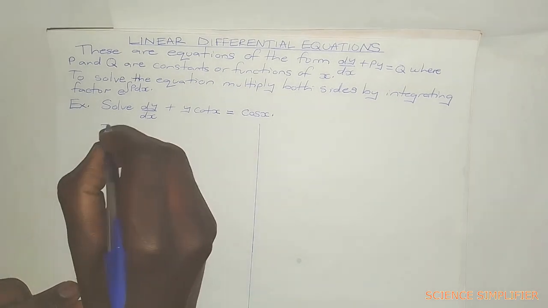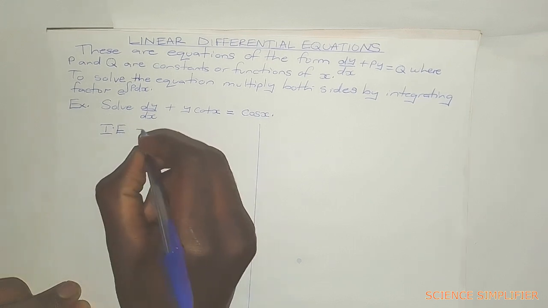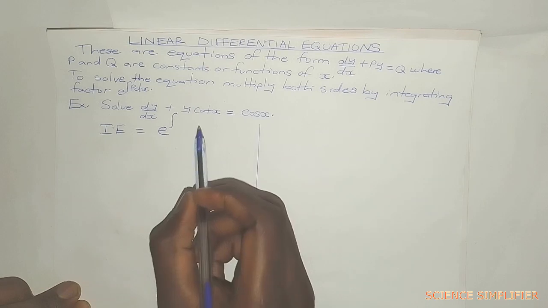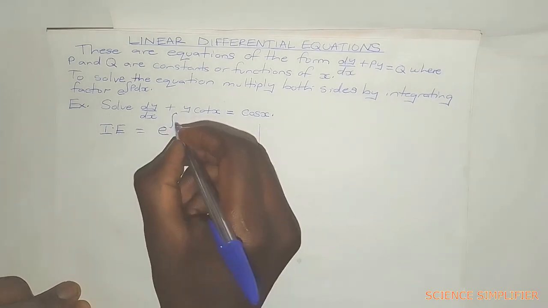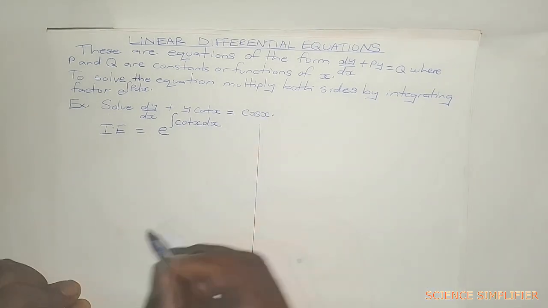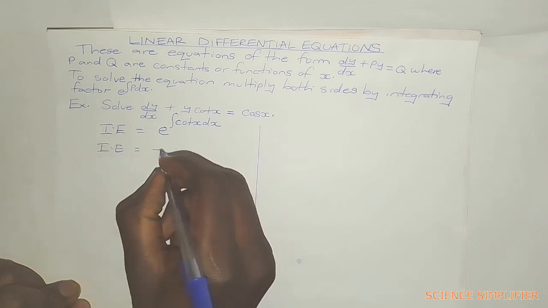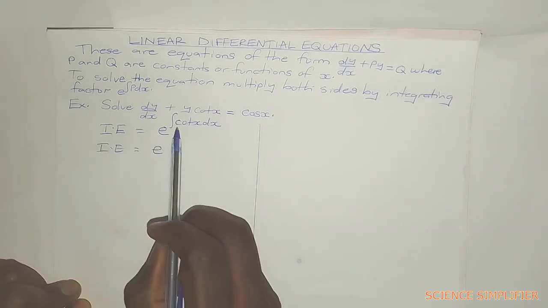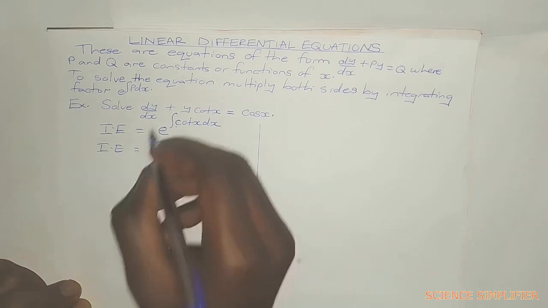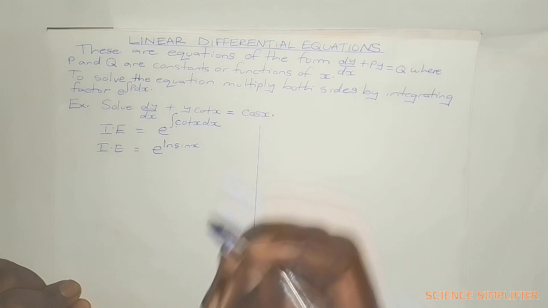Now our integrating factor here is equal to e to the integral, where our P here will be cot x dx. When we integrate cot x, we are going to obtain ln sin x.